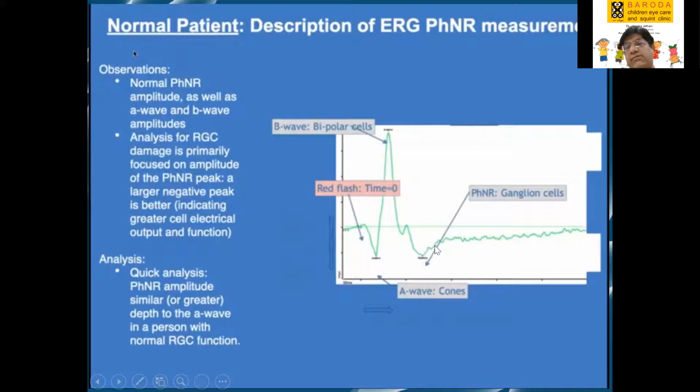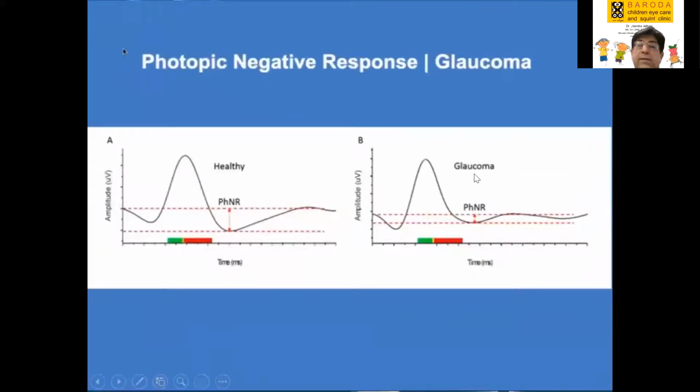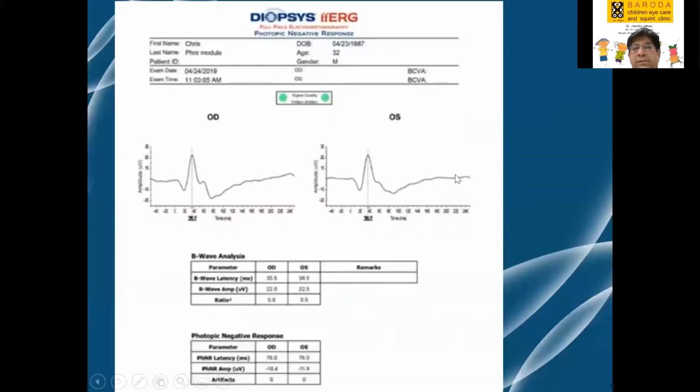And then this is the wave we get from the ganglion cells, the second kernel response. This is how they show that the amplitude and the latency would be reduced in a glaucoma patient. The report is mainly about the B wave latency and B wave amplitude.